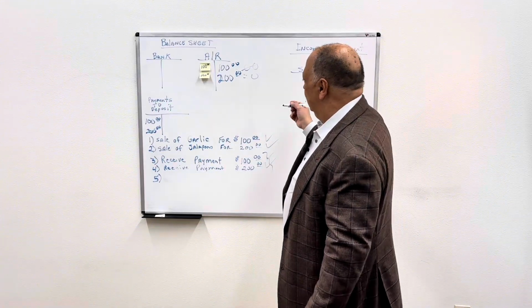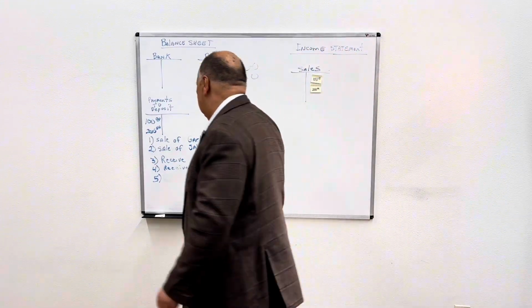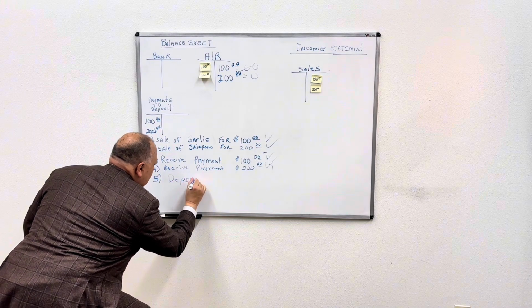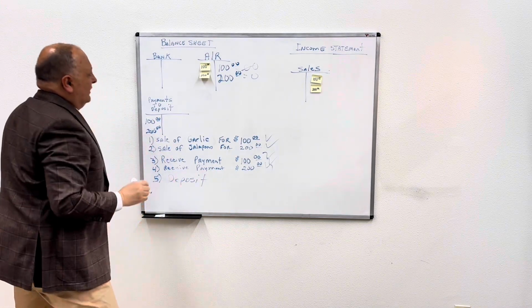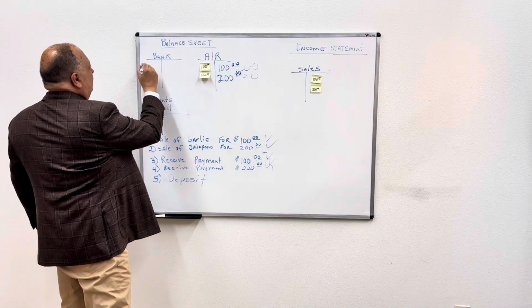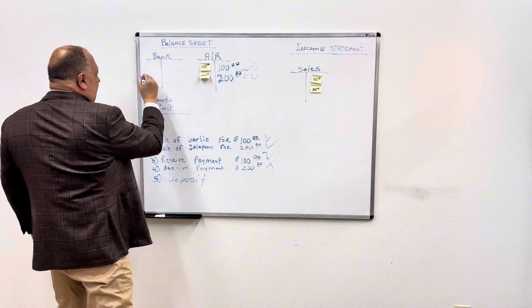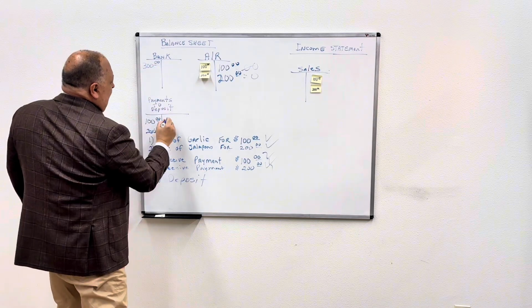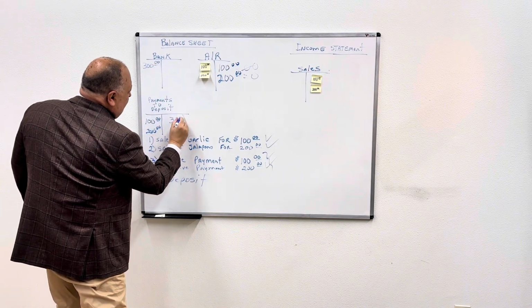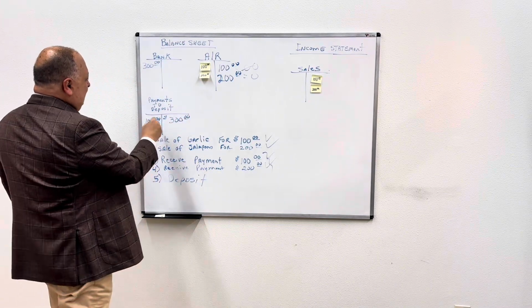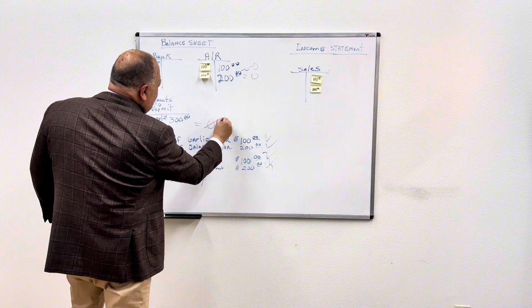So now we go in and actually do a deposit. By doing the deposit, we're physically taking the $300 to the bank. Since we're taking the money to the bank, that eliminates this.